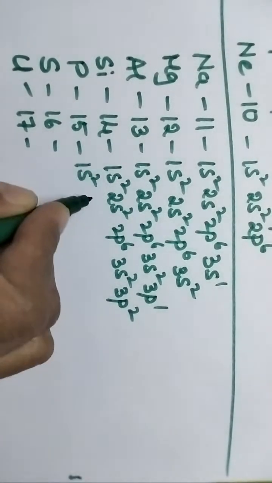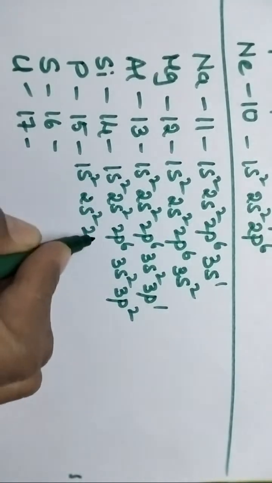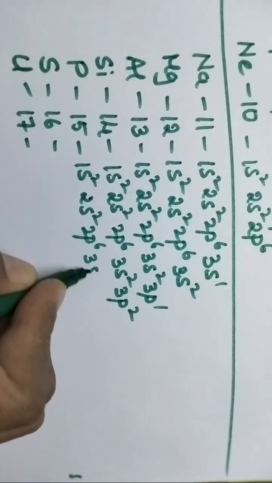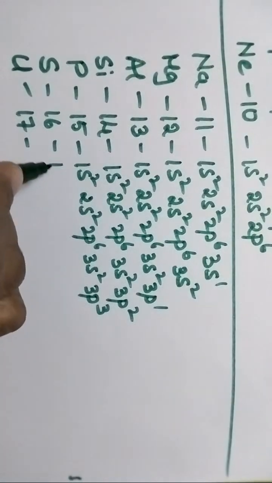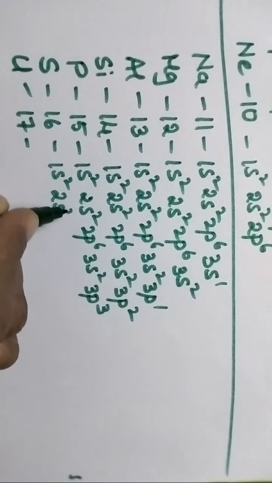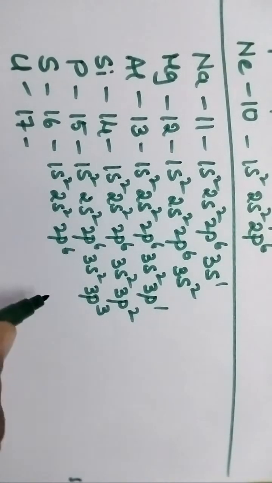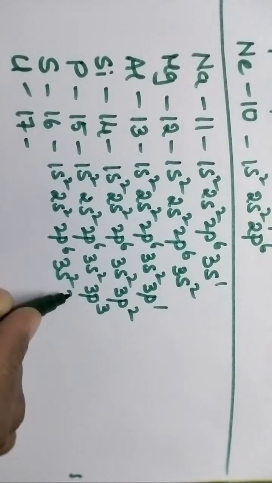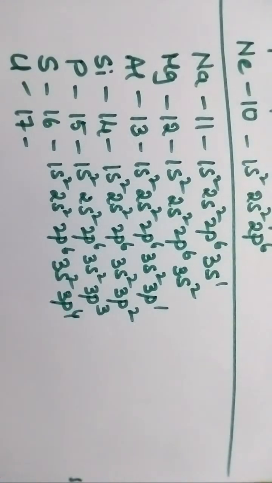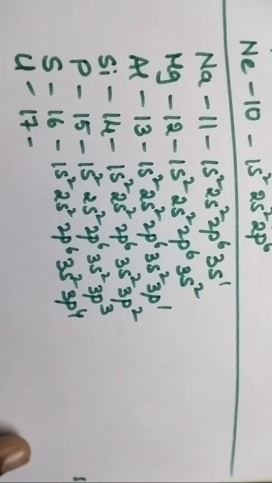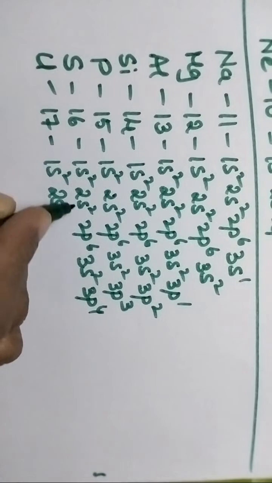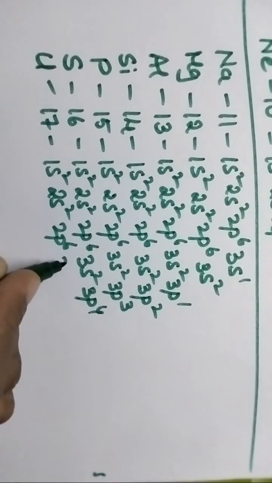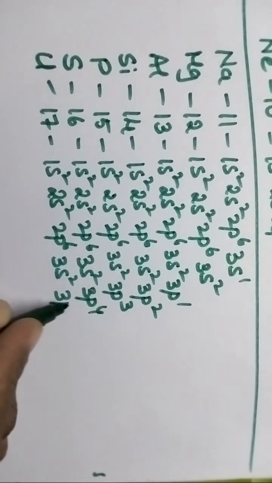Phosphorus 1s2, 2s2, 2p6, 3s2, 3p3. Sulfur 1s2, 2s2, 2p6, 3s2, 3p4. And what is the configuration of chlorine? Yes, it is 1s2, 2s2, 2p6, 3s2, 3p5.